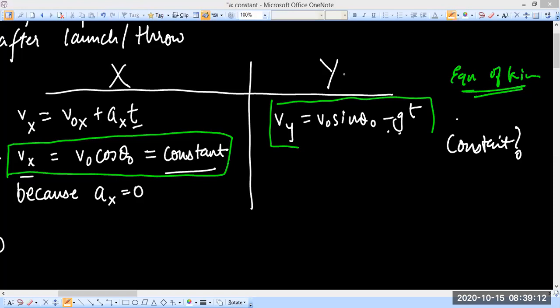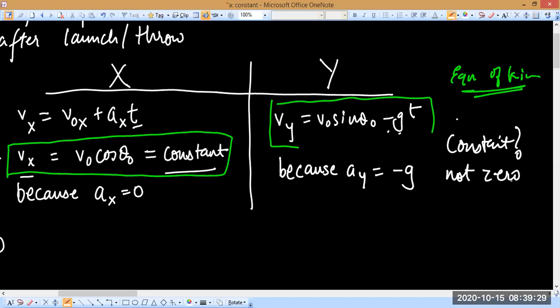As you put different values of t, the value of Vy will change. So it's not a constant, right? And you could also say that because there is Ay, which is minus G and not 0, right? If acceleration is not 0, the velocity cannot be constant, right?